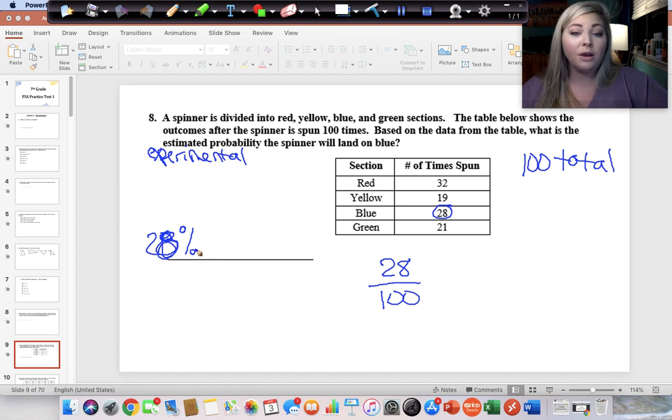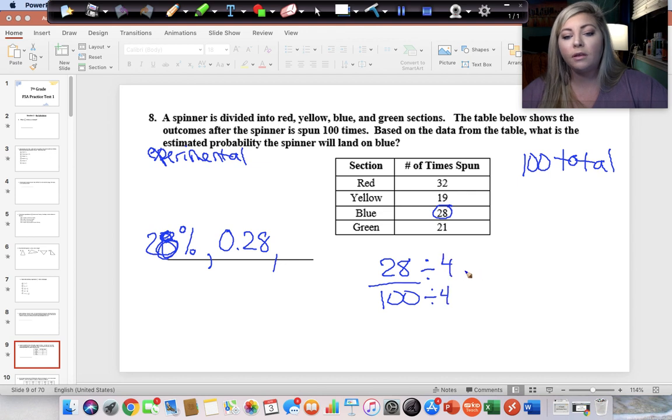So 28% would be a fine probability answer, but if we wanted to write it as a decimal form, it would be 28 100ths, or as a fraction form, 28 over 100, but that can also be reduced by dividing these both by 4. And 28 divided by 4 gives me 7. 100 divided by 4 gives me 25. So 7 over 25.